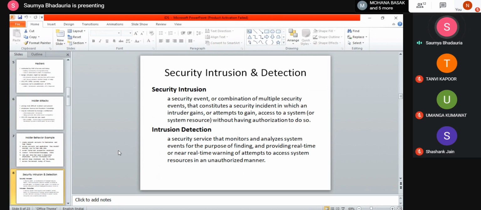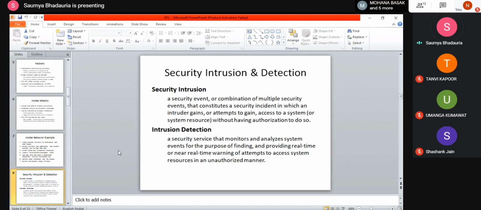Okay, so first what needs to be done is you need to identify whether any particular activity which is happening in the system will be classified as a normal activity or will it be classified as an attack. Okay, so here if you're saying that it is an attack, it is referred to as a security event. Okay, that is where, read the line in security intrusion.